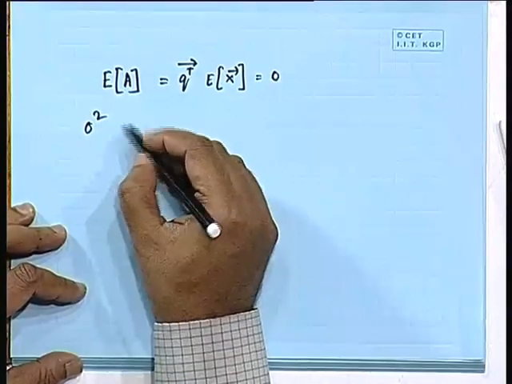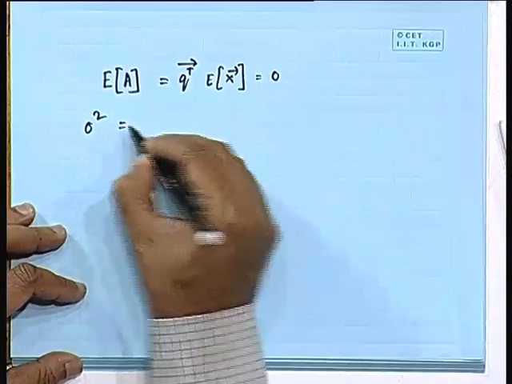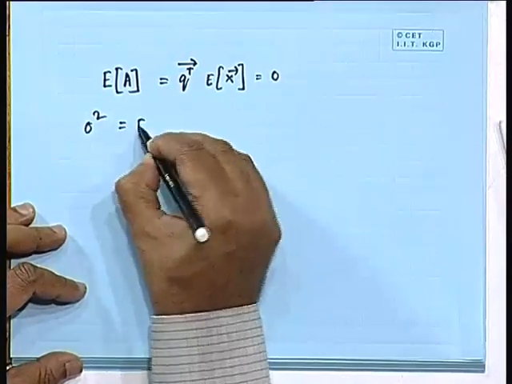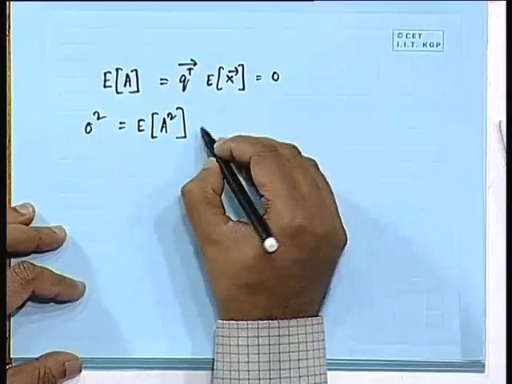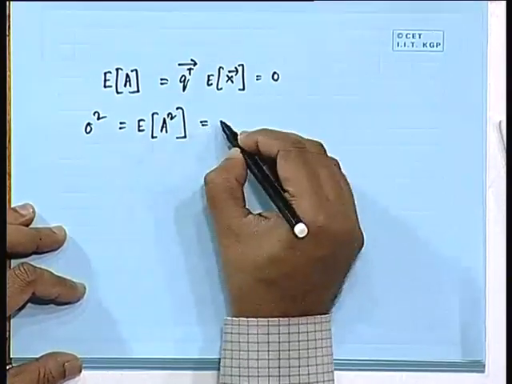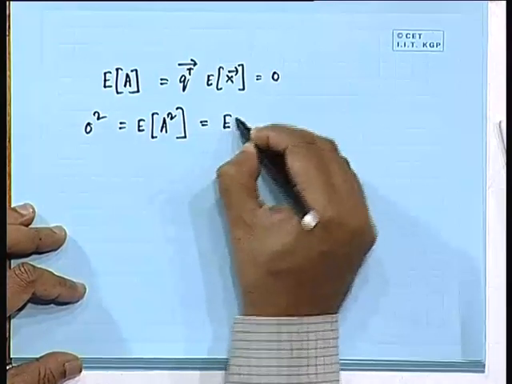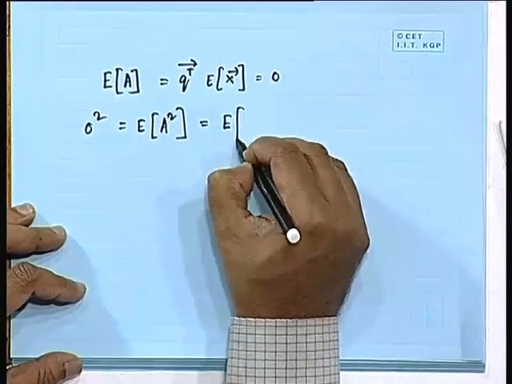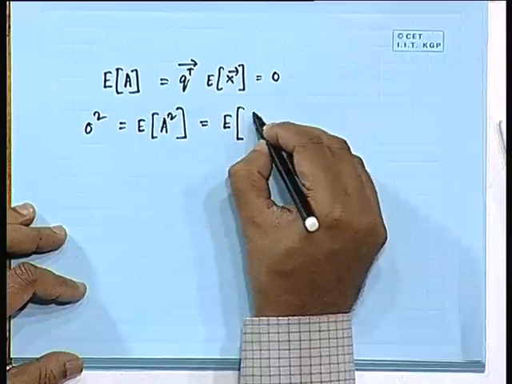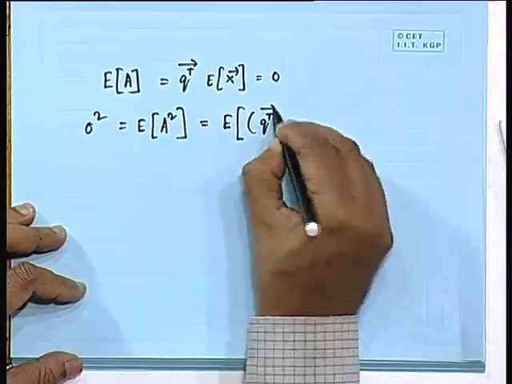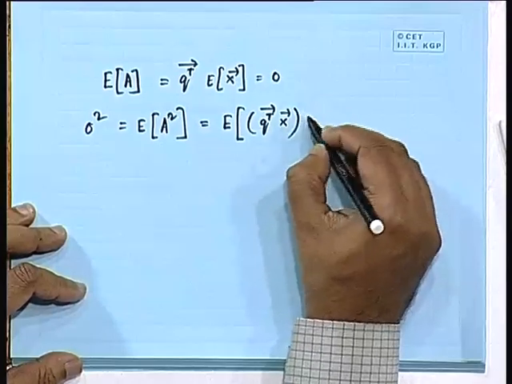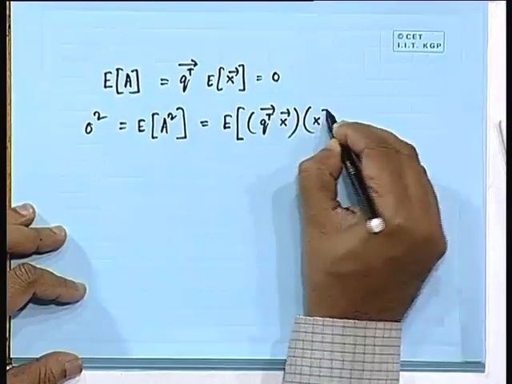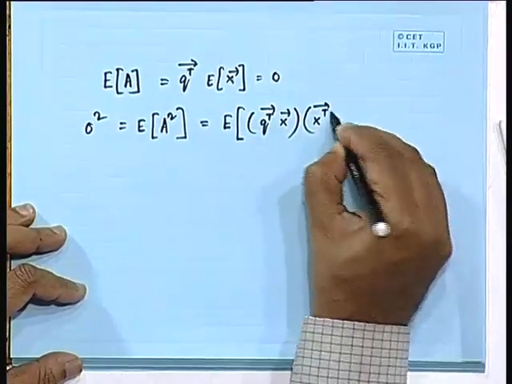The variance of this quantity is to be represented as the expectation of A square, right, and expectation of A square can be written as A square. How can we write A square? A square we can write as Q transpose x, this thing multiplied by x transpose Q. Is that right?